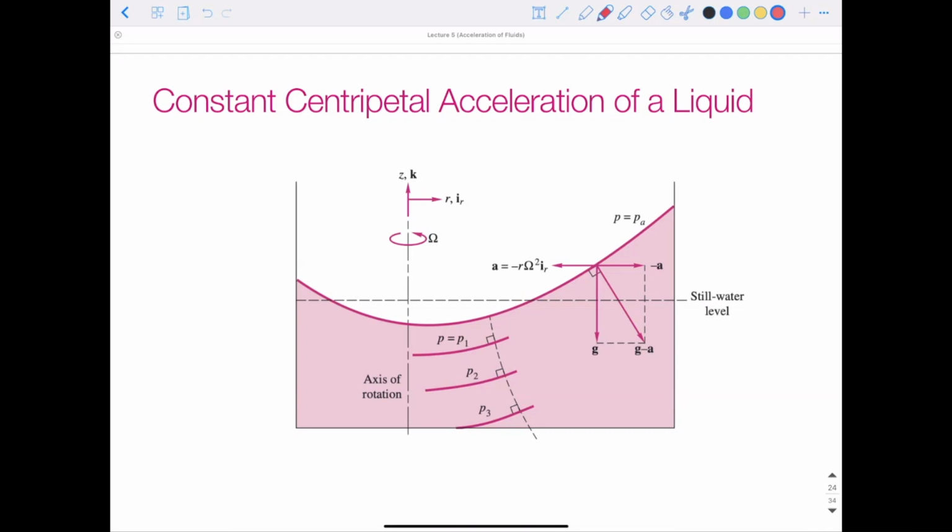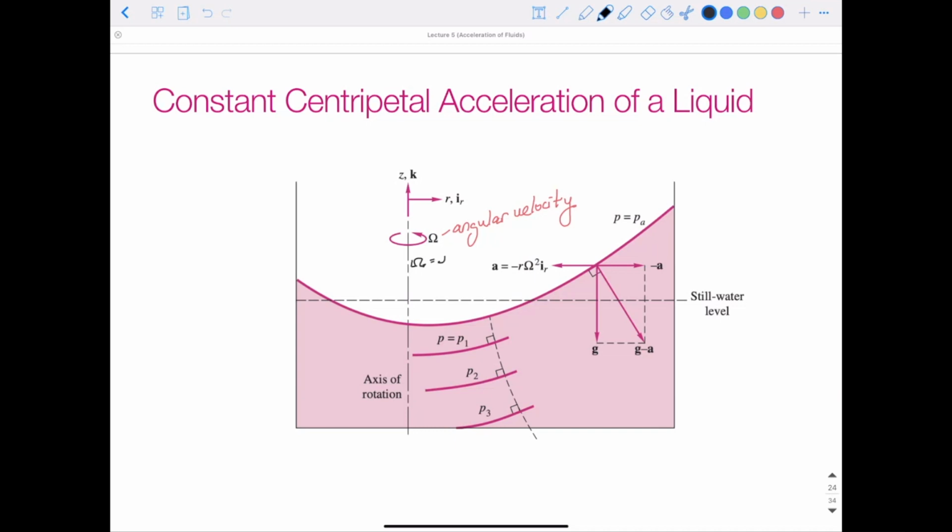The axis of rotation is going to always be where our z-axis is for our cylindrical coordinates, and we'll define our angular velocity as omega, and omega here is just drawn as a rotation, but omega would be a vector, and that would be acting in the positive k direction, in this case drawn here.